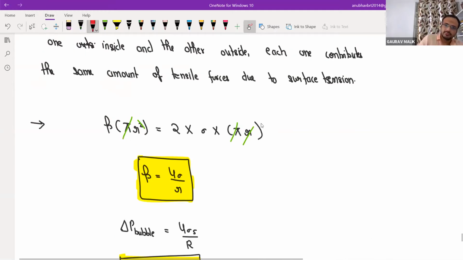And you can write this, otherwise you will forget at the time of exam.